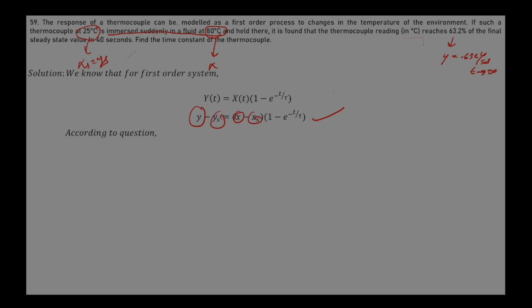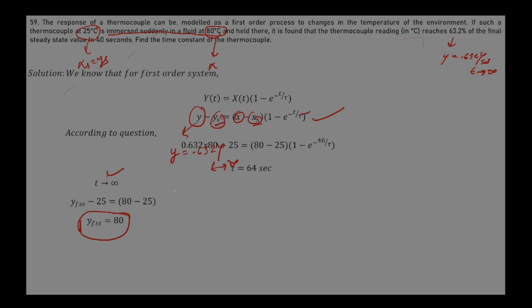We have to find out the time constant. So x is 80 and the initial value is 25. What is y? Y is 0.632 of y as t tends to infinity. Y as t tends to infinity is 80, because in 1 minus e to the power minus t by tau, if t tends to infinity then e to the power minus infinity is 0, so we get this.